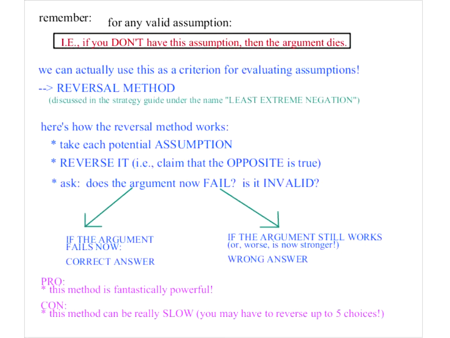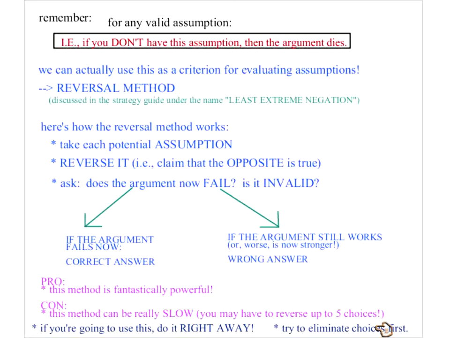So there are 2 things you've got to get out of this. The first thing is, if you're going to do this, do it right away. And then the other thing is try to eliminate choices first, because applying the reversal method to 5 separate choices is going to take you a while. So if there are some choices that clearly have nothing to do with what we're talking about, then eliminate those first.